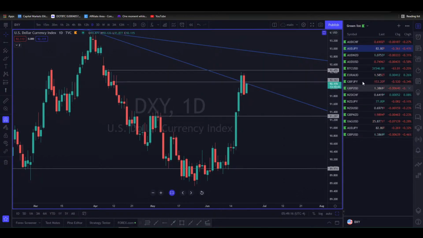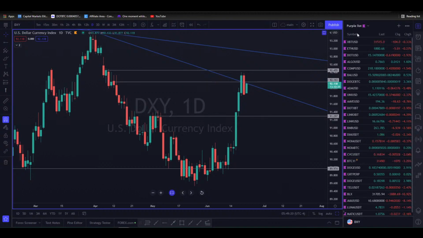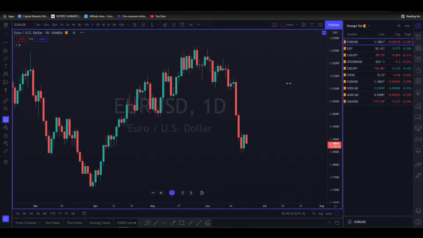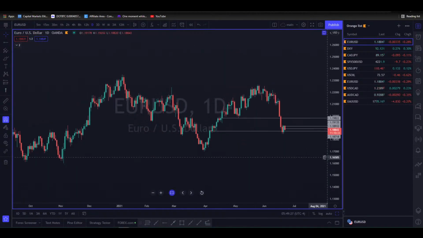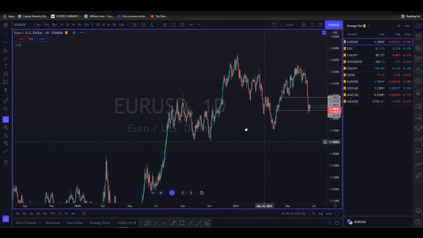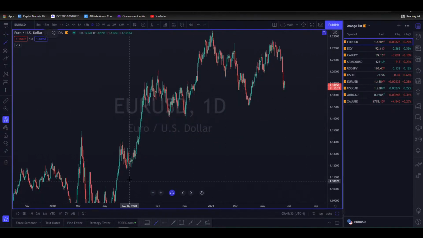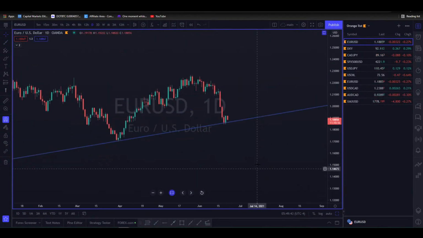So let's go back over to the euro, so that way we can see how we would trade this. It's not that one. It is that one. All right, so I did this yesterday, I think, but it did not match up. So if you just take something right there, oh, never mind. It does match up. All right, so there's that trend line that is in play.